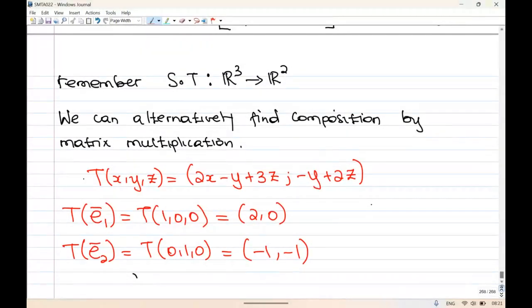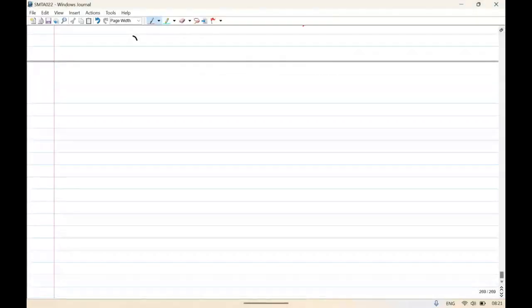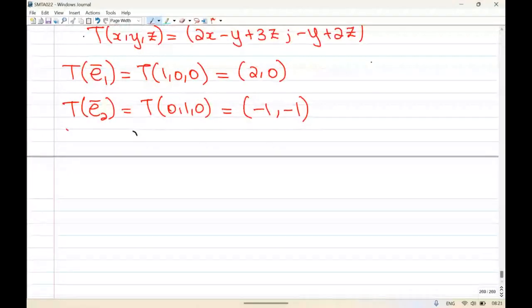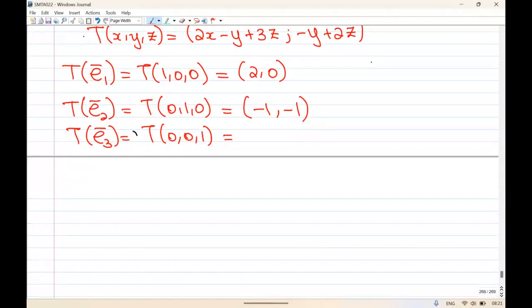Very good. Then the last one, we have the transformation of this E3, which is the same as the transformation of 0, 0, 1. What is the answer there? 3 and 2. Very good, ma'am. 3 and 2.